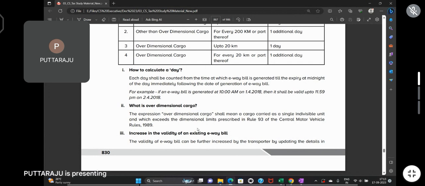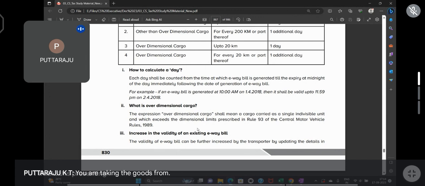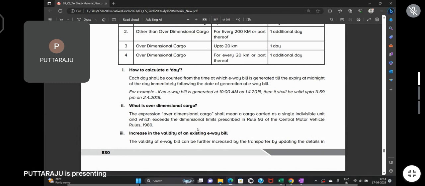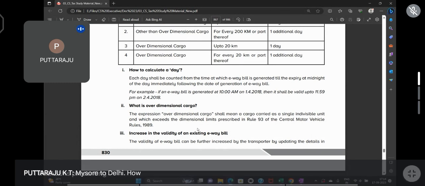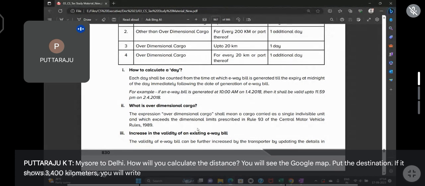If you are taking goods from Mysore to Delhi, how will you calculate the distance? You will see Google Maps and put the destination. If it shows 3,400 kilometers, you will write 3,400 or 3,500. Like that. The mechanism to calculate distance is always there, no?